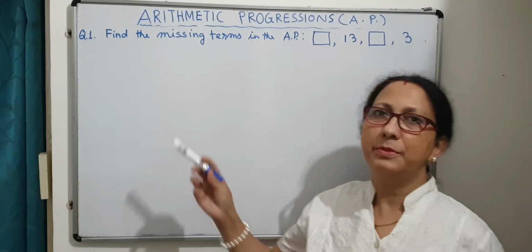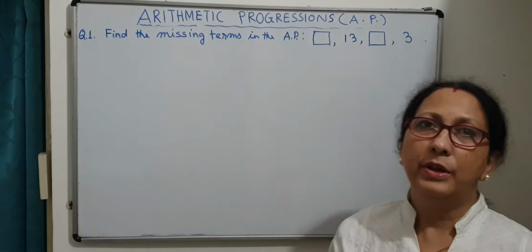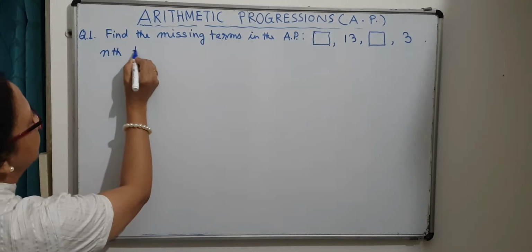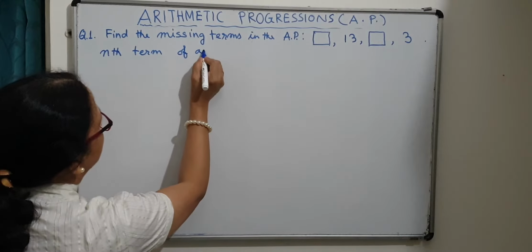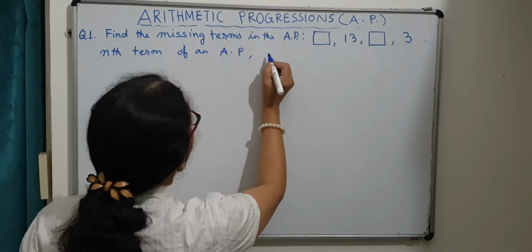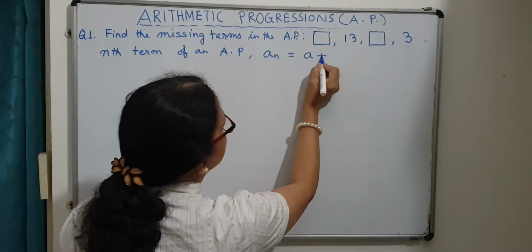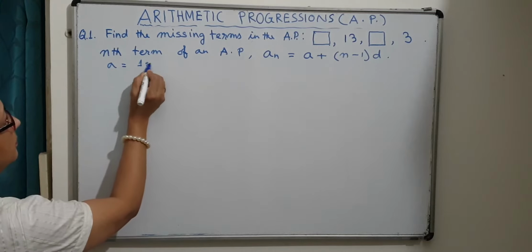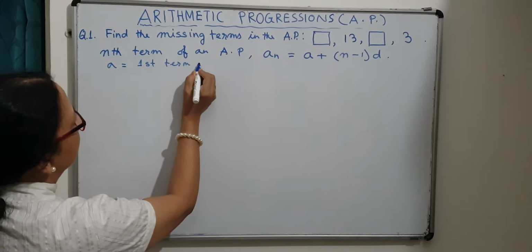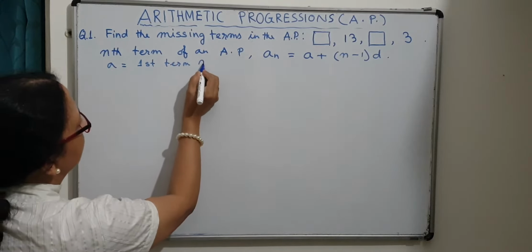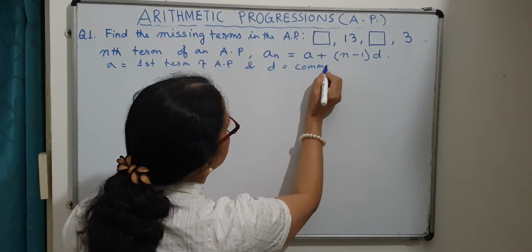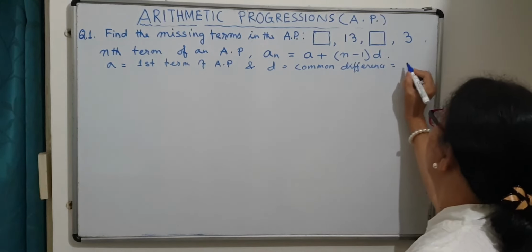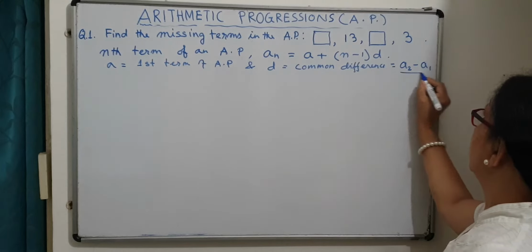So today I will be solving some word problems from the chapter AP, where we'll be using the formula that we derived in the last video, that is the nth term of an AP, an is equal to a plus (n minus 1) into d, where a is the first term of the AP and d is the common difference, which is obtained in this way, a2 minus a1.